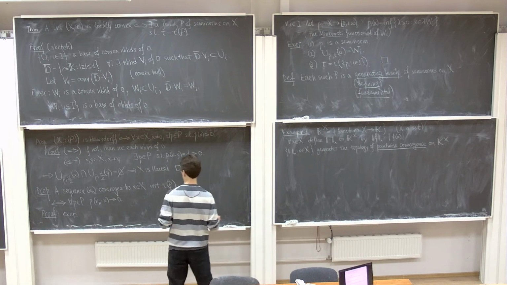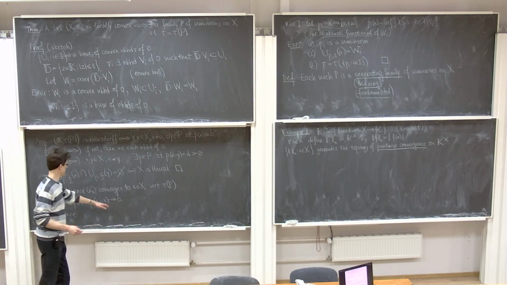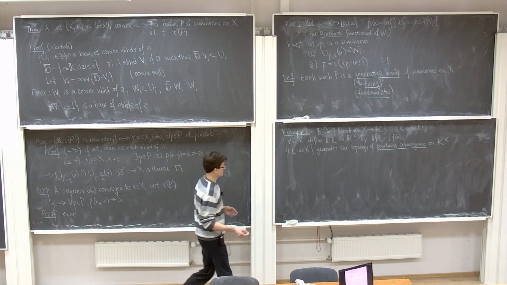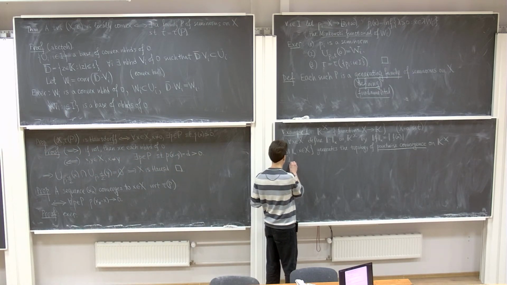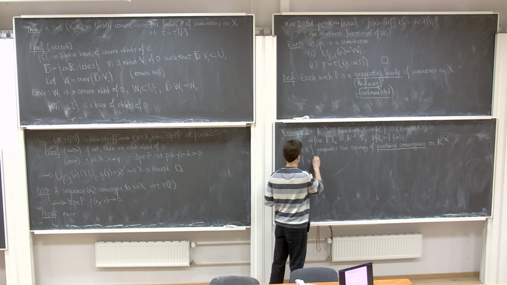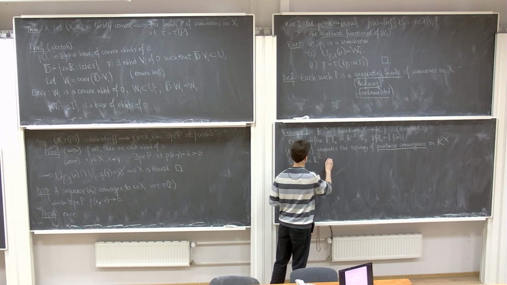Well, if we look here, then we see that a sequence f_n converges to a function f with respect to this topology if and only if it converges pointwise.